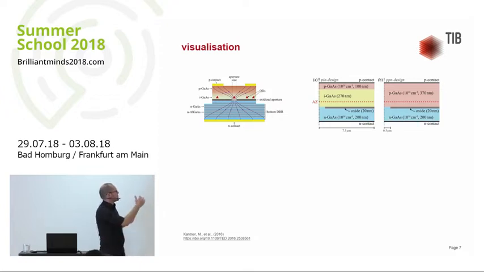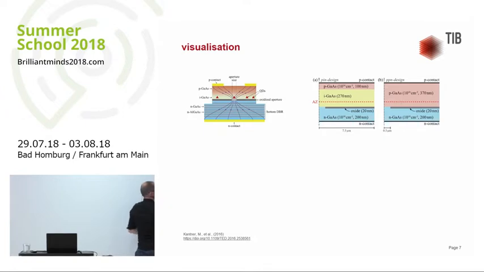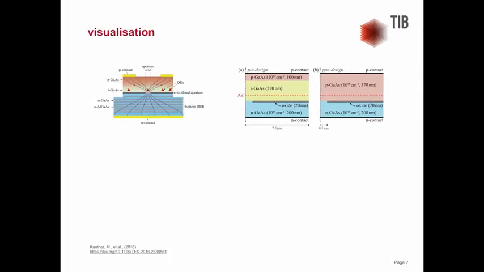You have the semiconductor with a P phase and an N phase. This is the conductor, the diode, and they tested two different designs. The one is called the PIN and the other is the PPN. We don't care about the details.